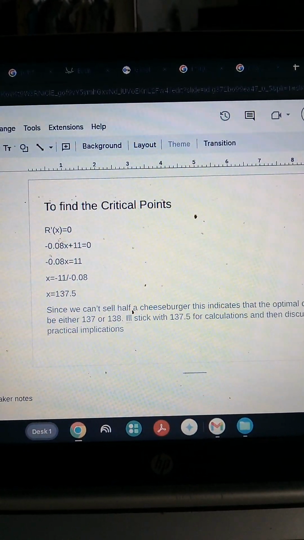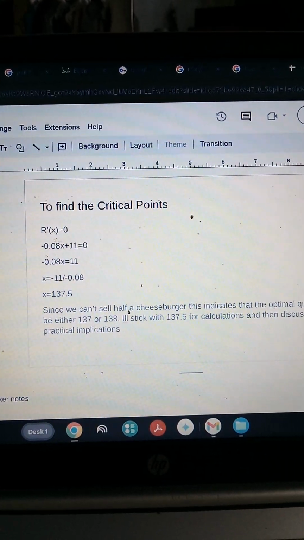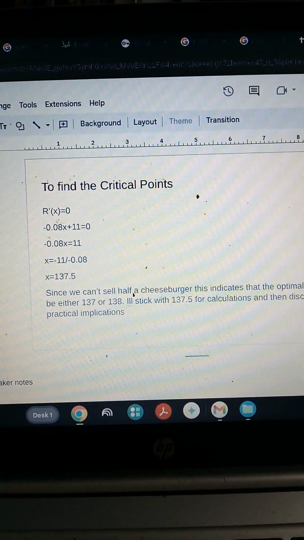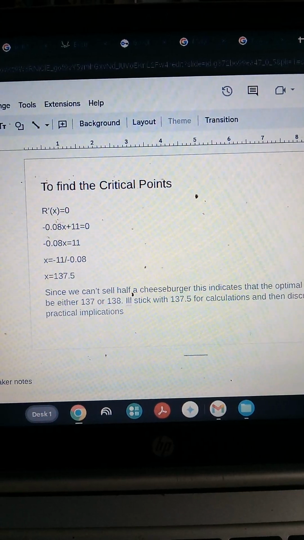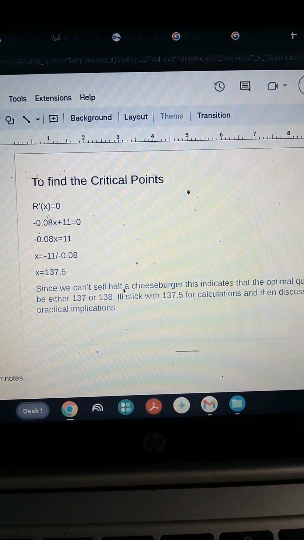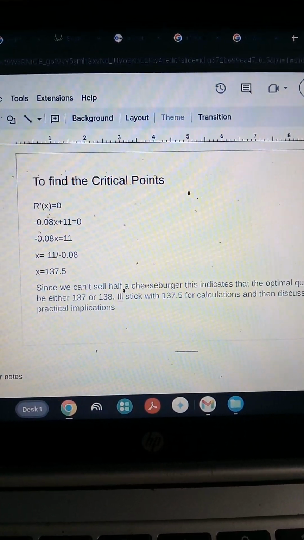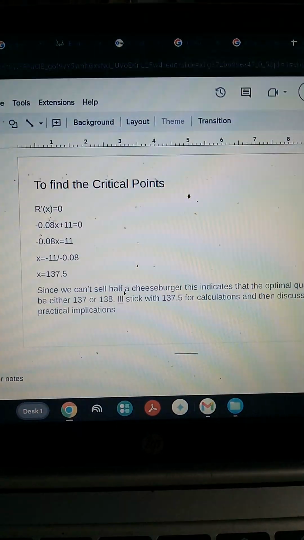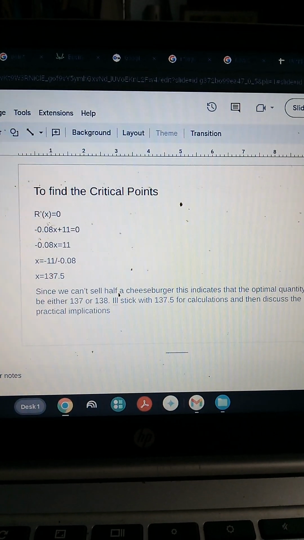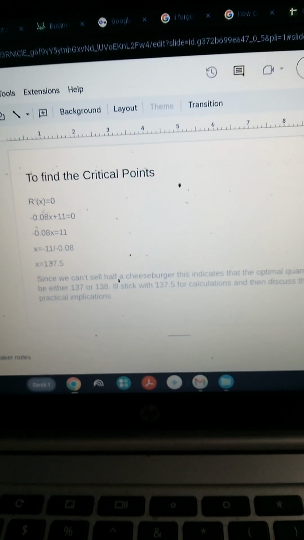You divide, and you get 137.5. Since we can't sell half a cheeseburger, this indicates that the optimal quantity is either 137 or 138.